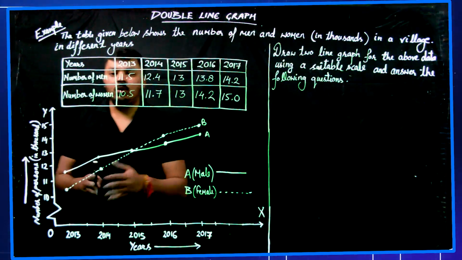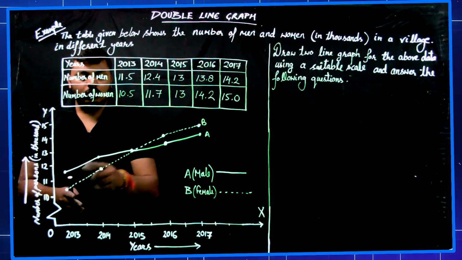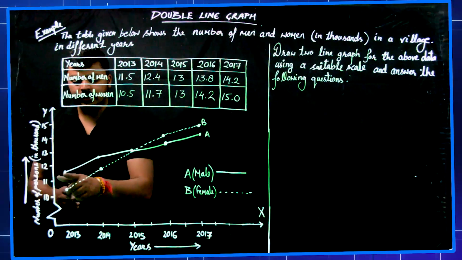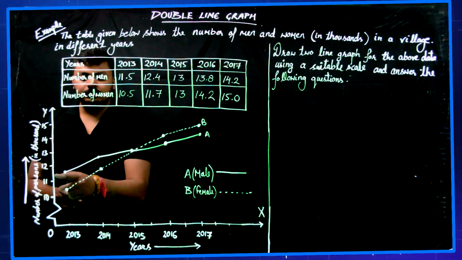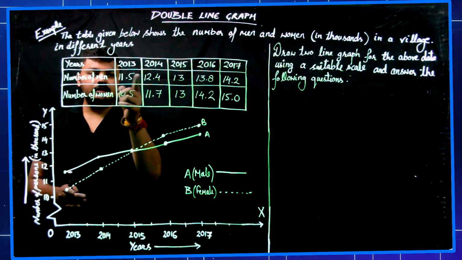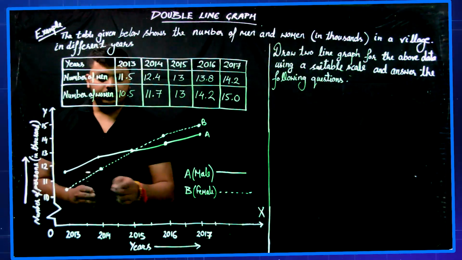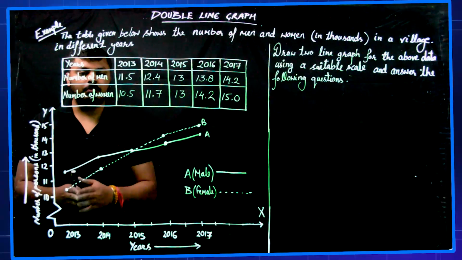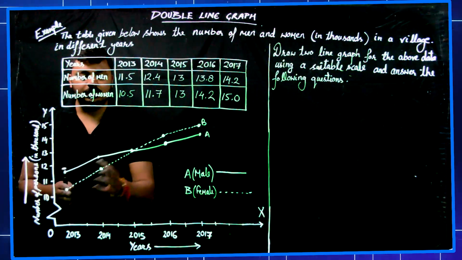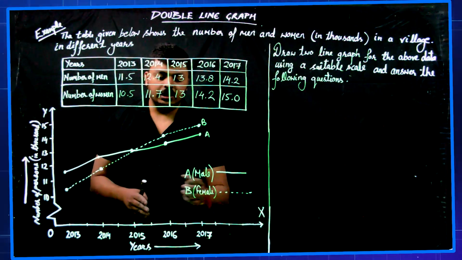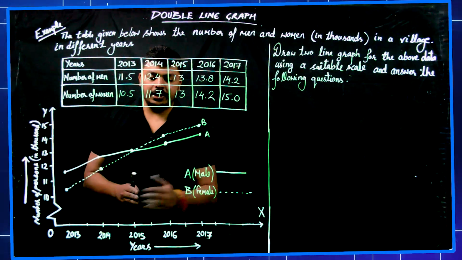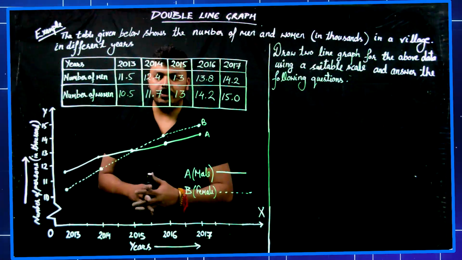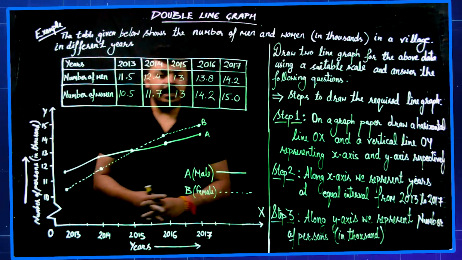After that we plot both the line graphs, first for men according to years, then for women. Here the dotted line represents the number of women and the straight line represents the number of men.